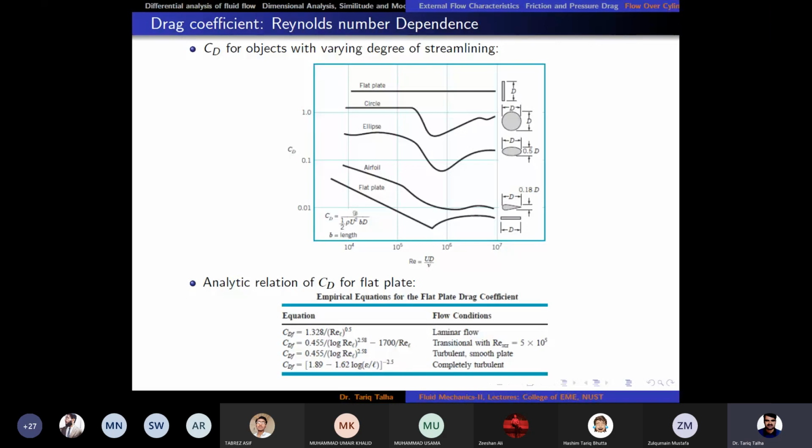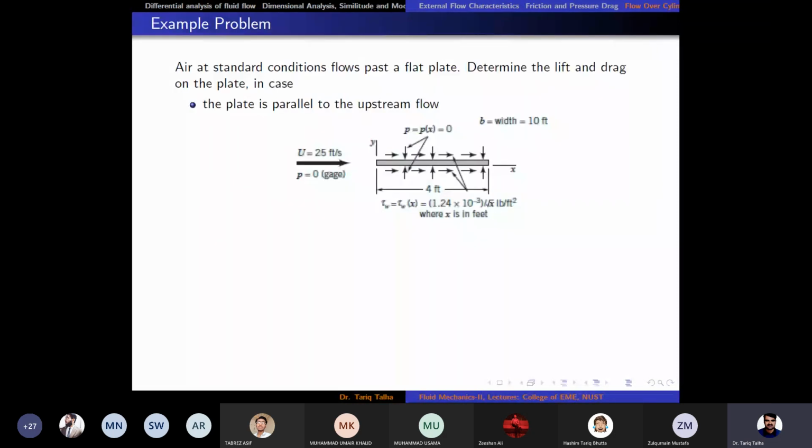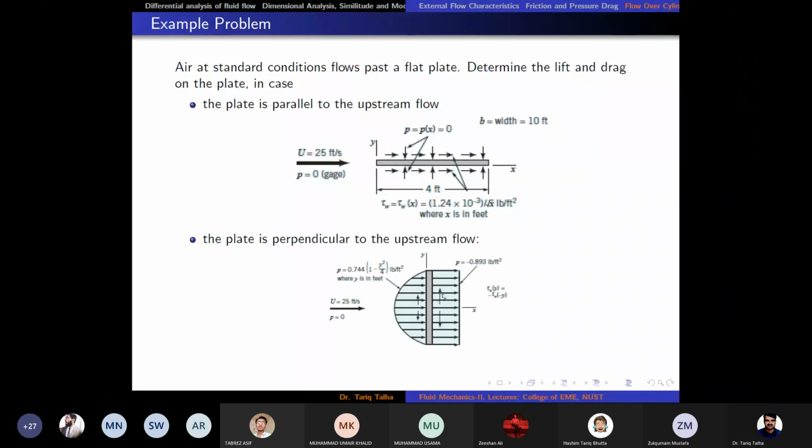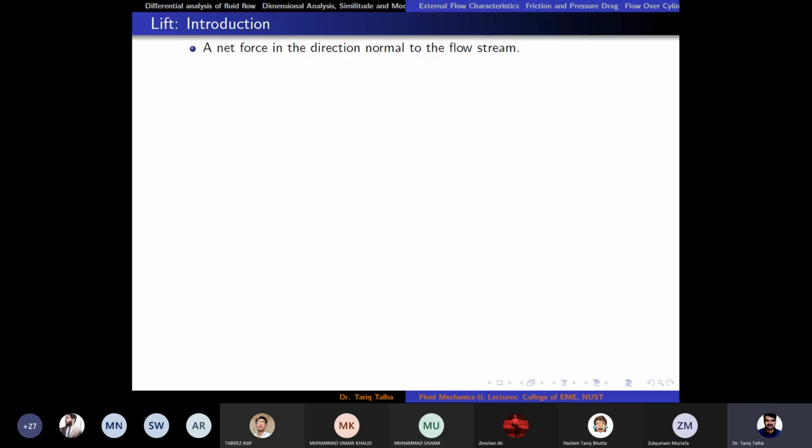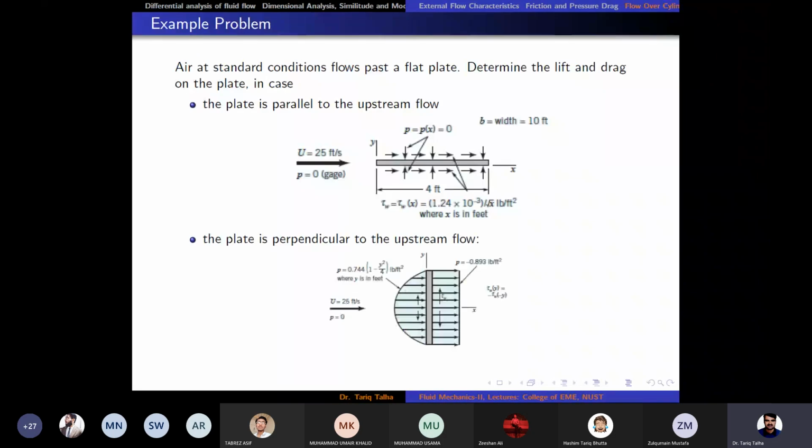Right? So we will do this numerical maybe in the next class when we finish the discussion of lift force as well. Before that we would go through the theory of lift.